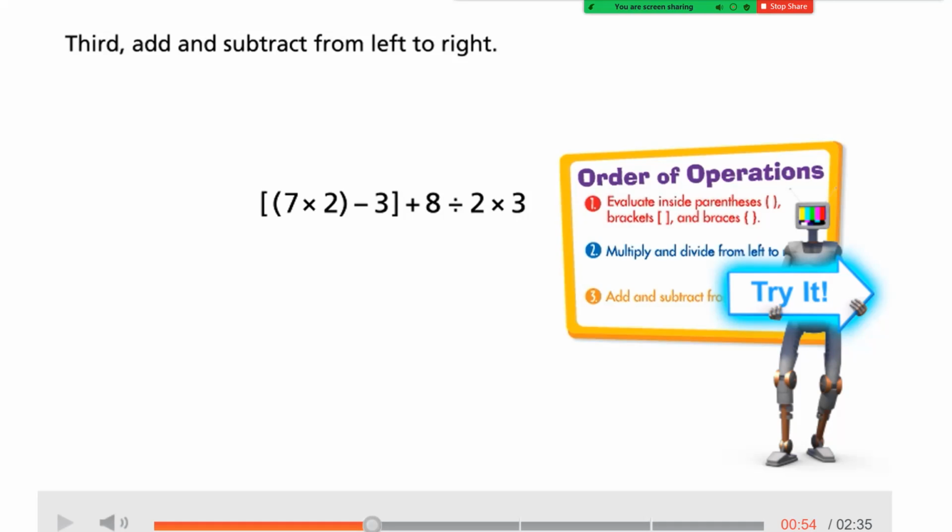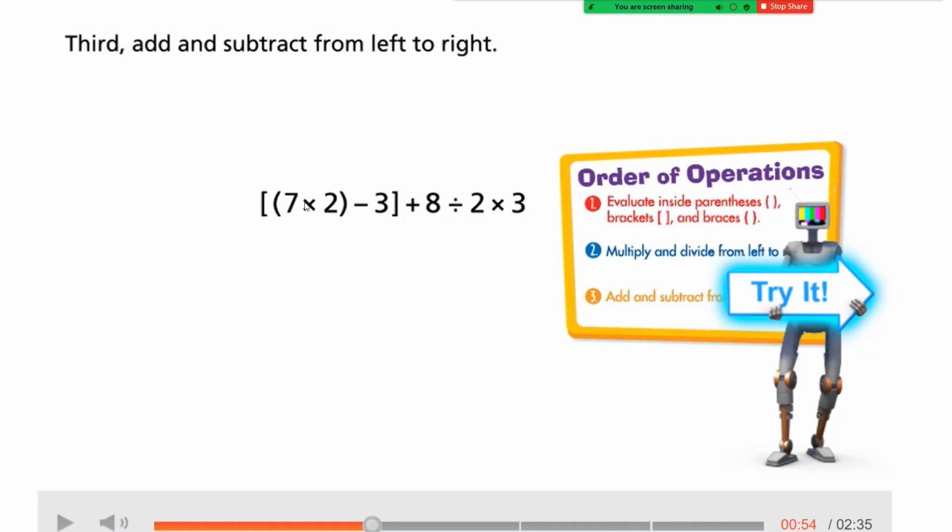Okay, so pay attention to the order here. Now, when you have parentheses, these are the little rounded ones that you're used to seeing. The brackets are the squared off ones, and the braces are kind of curly with a point that comes out and then they go back in. When you're working with a question that has all of these or multiple of these, you want to start from the one that's on the inside the most.